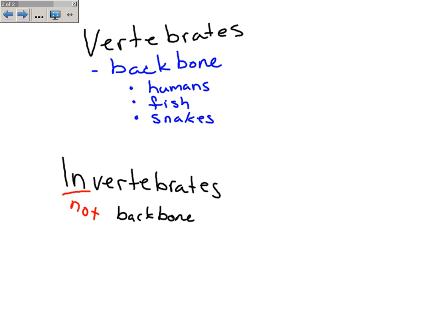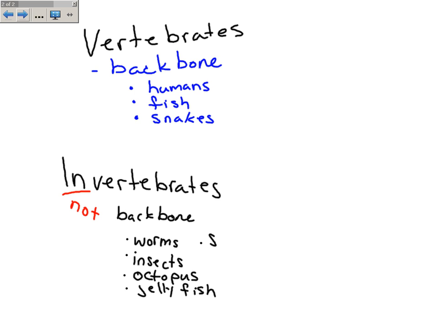These are going to be animals like worms, insects, slugs or cephalopods, octopus, octopi, jellyfish, starfish. Just a few to name off.